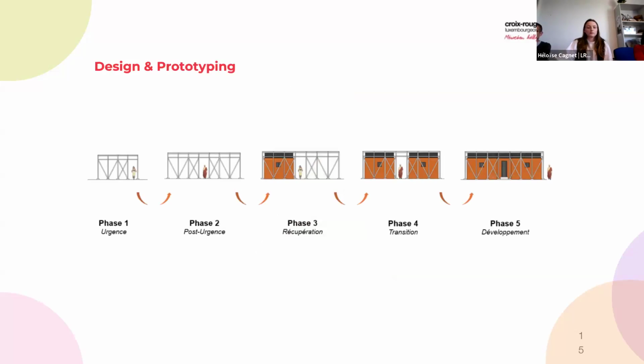What does it mean to have an evolutive prototype? Our idea from the beginning was to apply a circular approach to this model, meaning that we would try and reduce the materials used overall, but also take into consideration that in a protracted crisis, we won't be stuck in emergency mode forever, and that the families themselves will try their best informally to continuously improve their shelters to provide better conditions for their families.